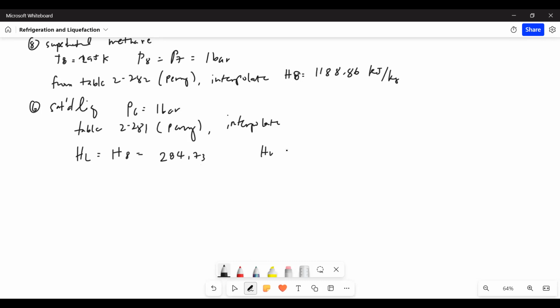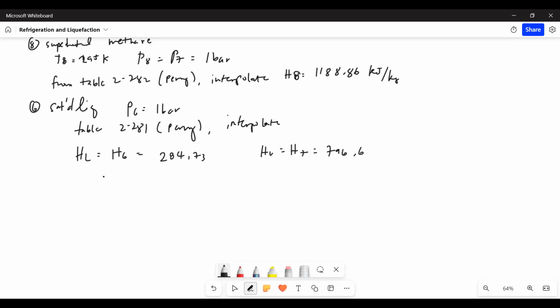And then HV equal to H, oh no, this should be 6. HV is equal to H7, so that's the fraction returning as gas or unliquefied, 796.6 kilojoules per kilogram.